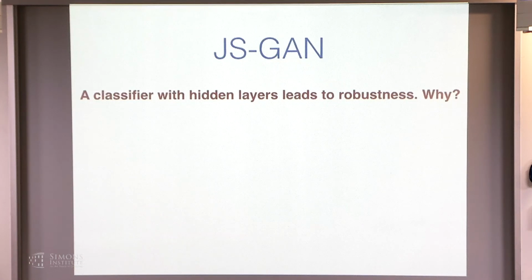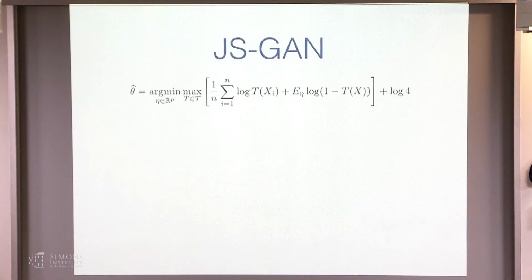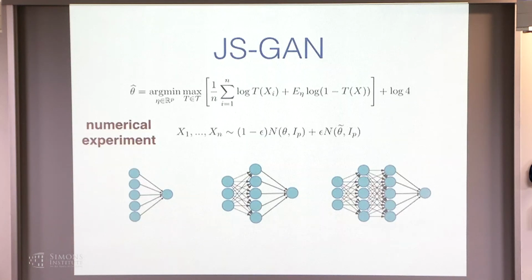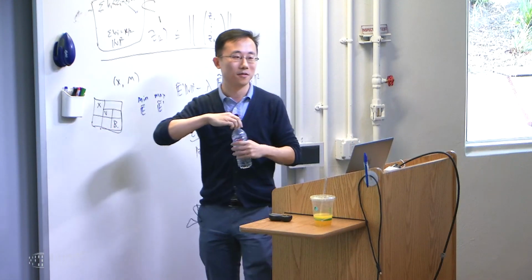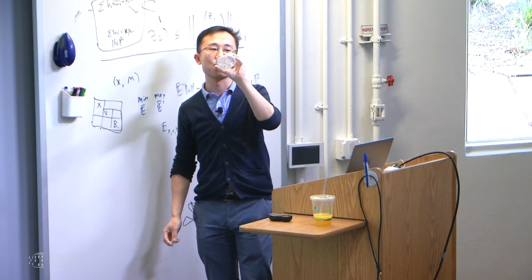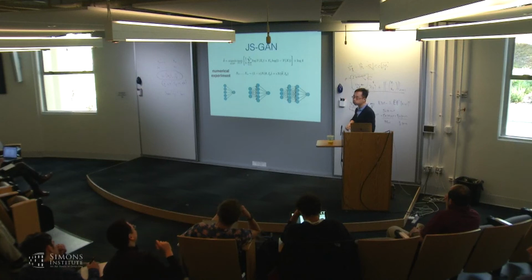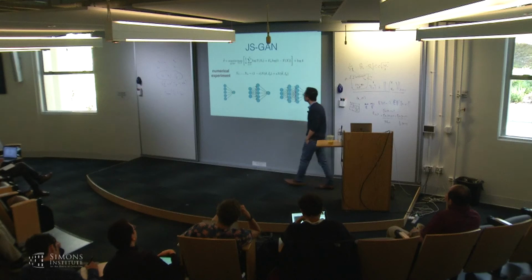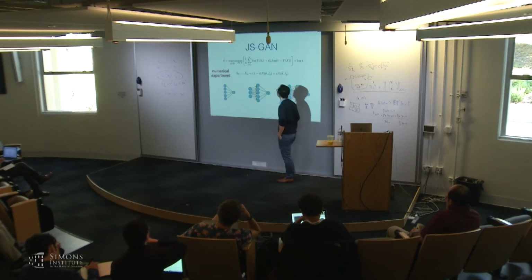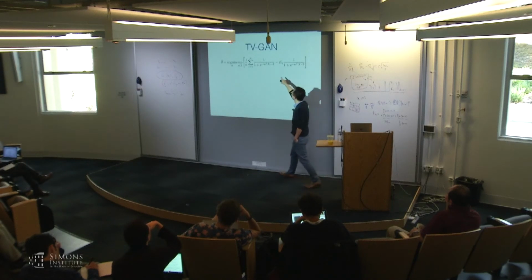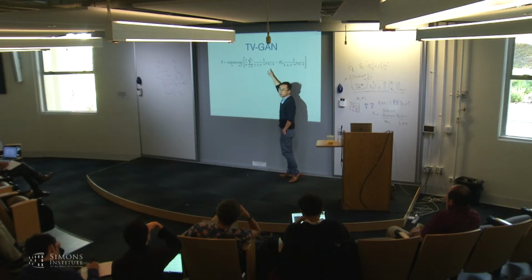Jason? Yeah, how does the constraint on script T translate to constraints on neural net parameters? Could you rephrase your question? In the max, there's a constraint. There's a function class, max over script T. How does that translate to a constraint on neural net parameters? For this one, the formula is just given by the same logistic regression here. So that's the one-layer neural network.